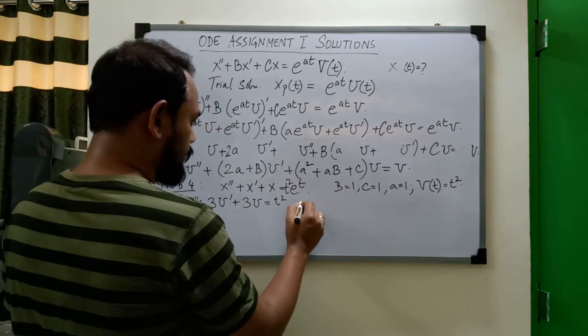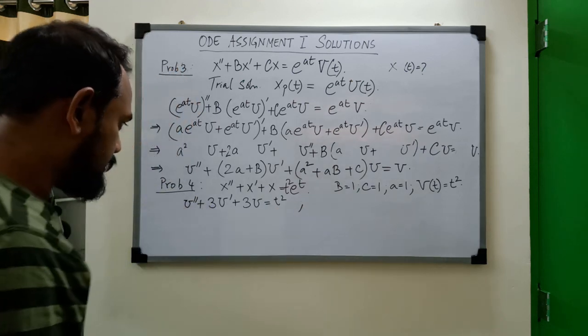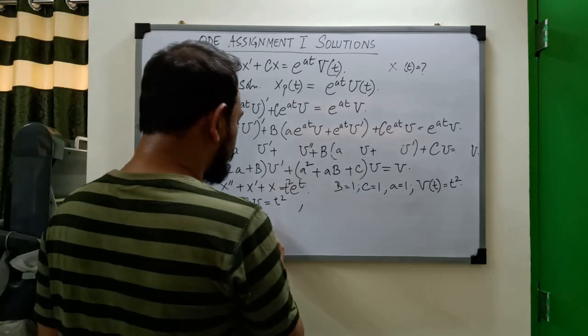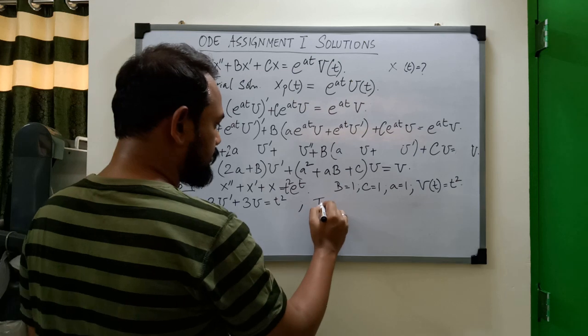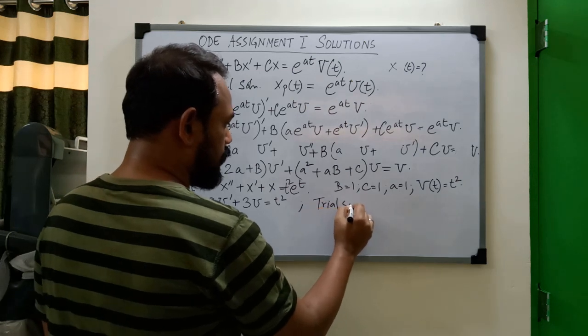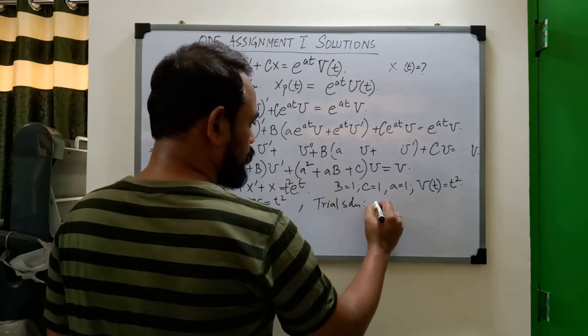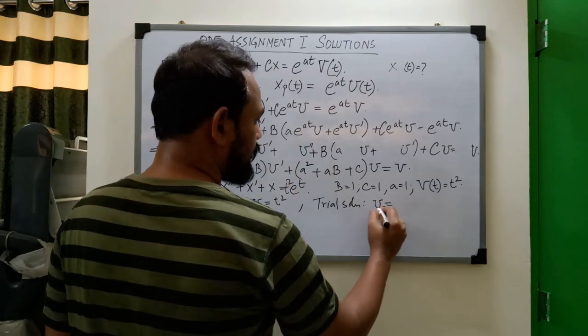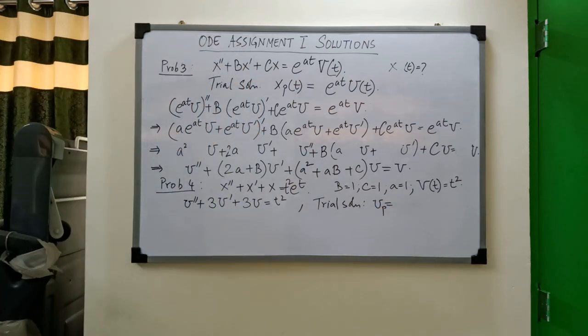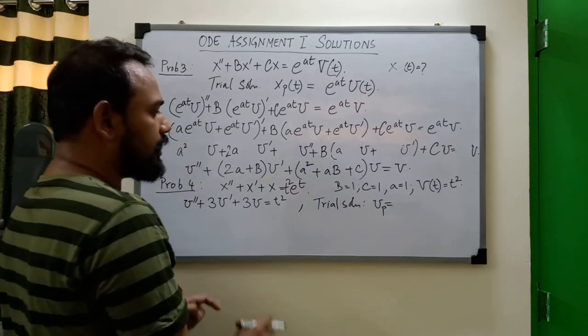How do I solve this? It's a polynomial on the right. So the trial solution to solve this would be u, a trial solution for the particular solution. I just need a particular solution, okay?